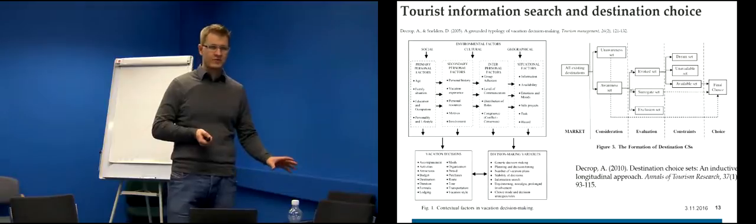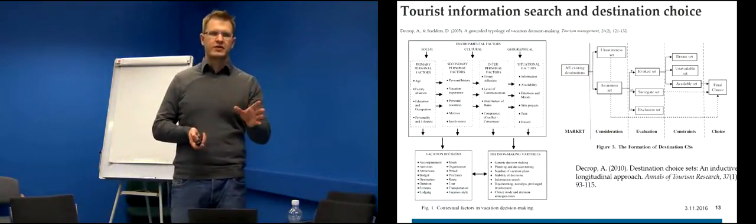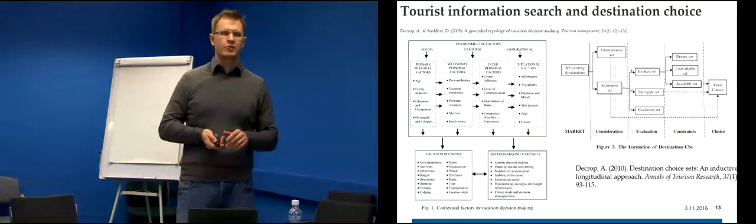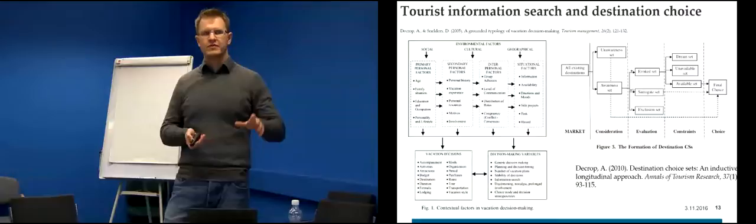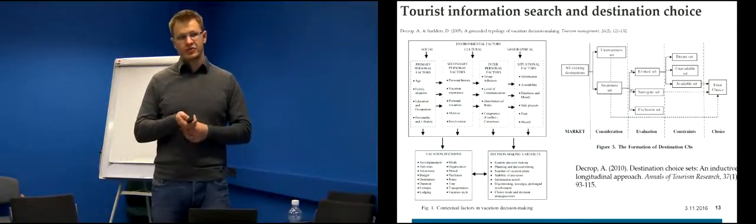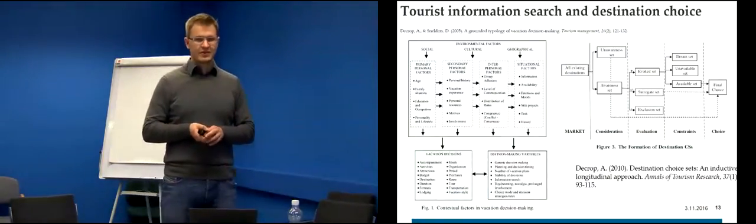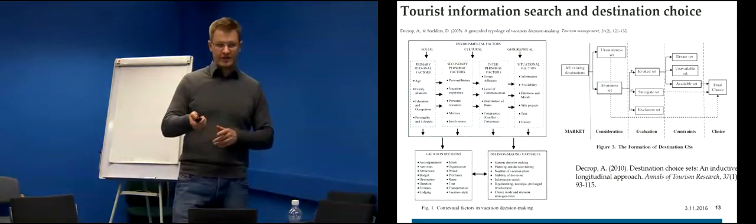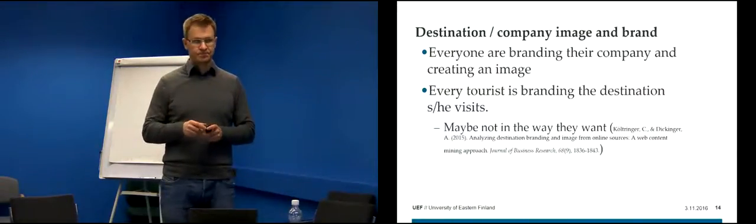Some of these you can quantify, but some of them you cannot. But it's interesting for marketers to find out what is their role in all this information search. And we found out that marketers actually have very little role in this kind of destination choice, especially destination marketers, but that's a topic for another time.